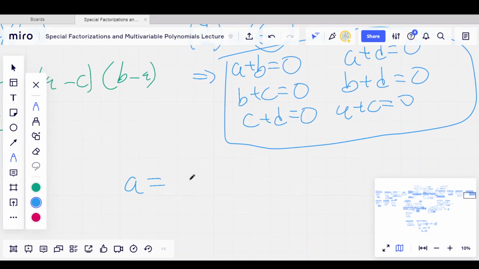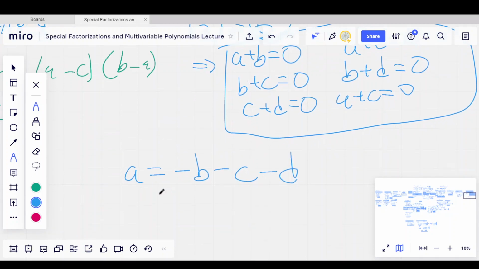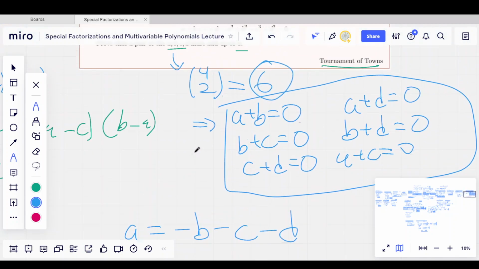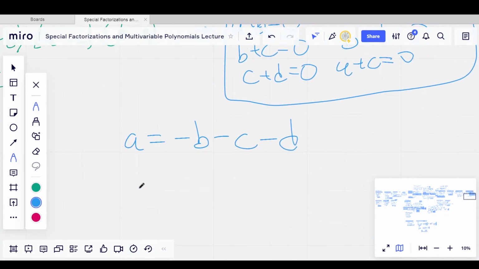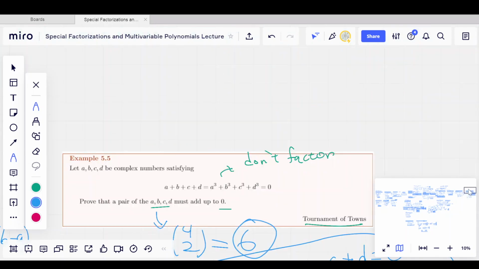So we get A equals negative B minus C minus D, and then we get A cubed, because the sum of the cubes is also summing to 0.